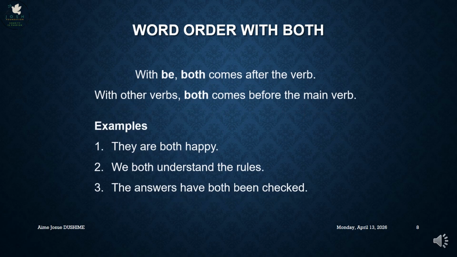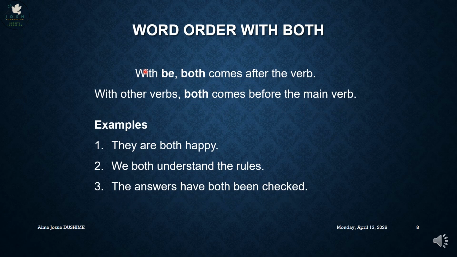Let's see the word order with both. When we have be, both comes after the verb. When we have other verbs, both comes before the main verb. The same structure as with all. When we have verb to be, it is the one that comes first. Then we have both, we can also have all.